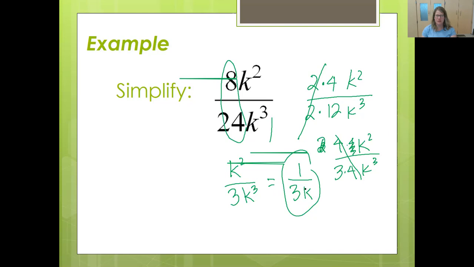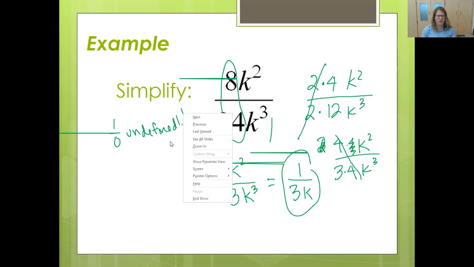So if I plugged in a 0 for k here, I would get 1 divided by 0, and 1 divided by 0 is undefined. That's not an operation that we can do. It doesn't make any sense to divide one item into 0 groups. So my denominator cannot be 0.